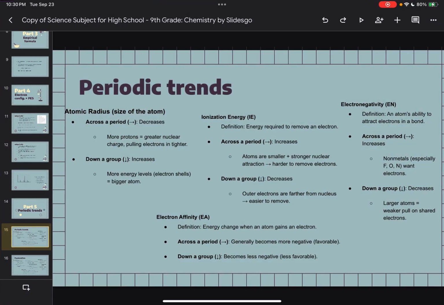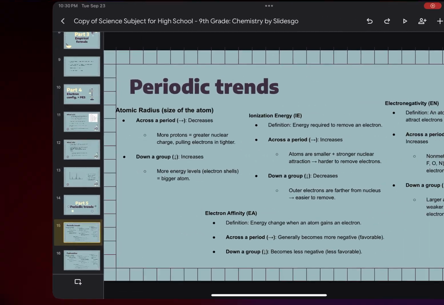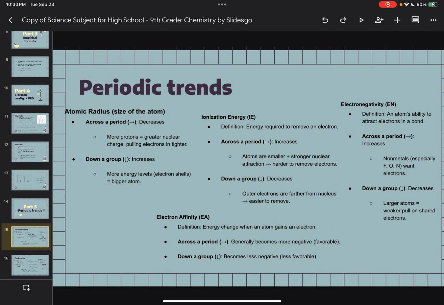And then ionization energy is the energy required to remove an electron. So when you're going across a period, it'll increase because there are more protons when you go across the period, so there's going to be more charge to it, a stronger nuclear charge.